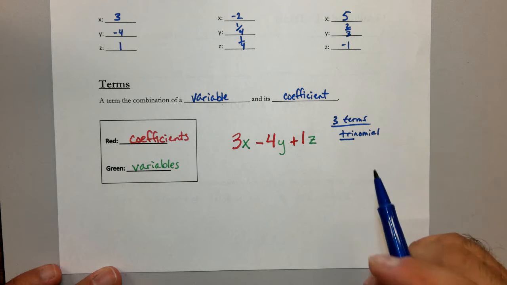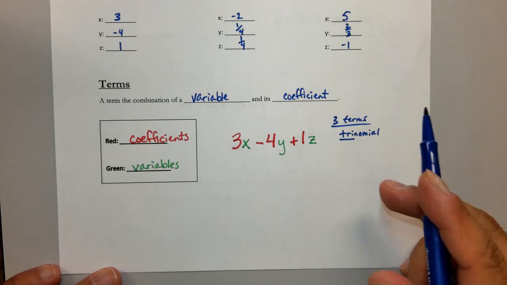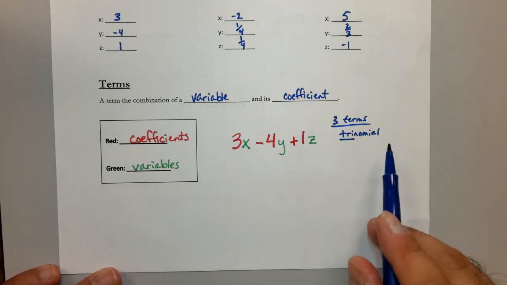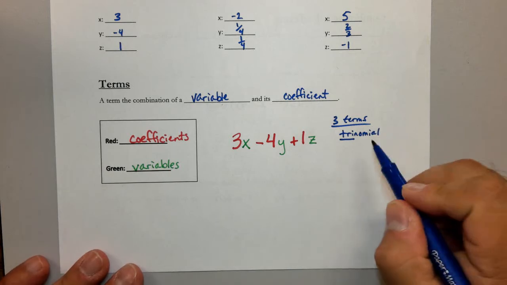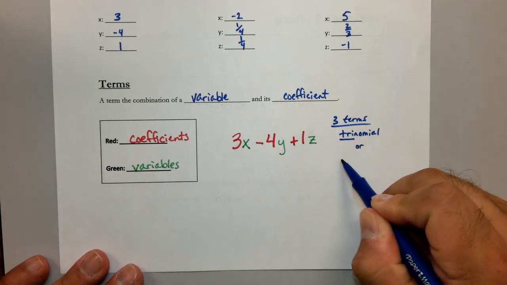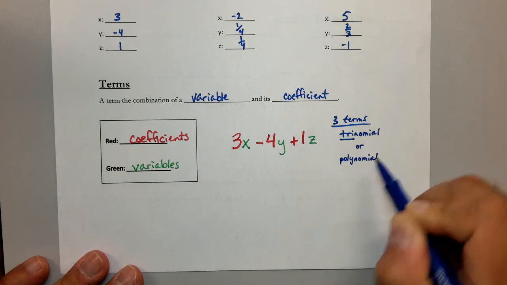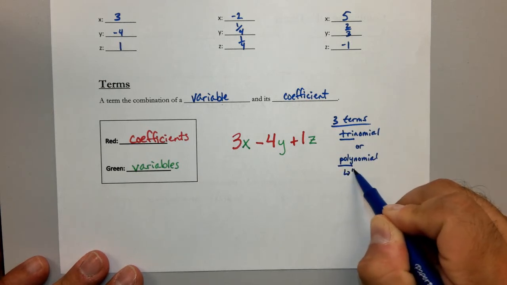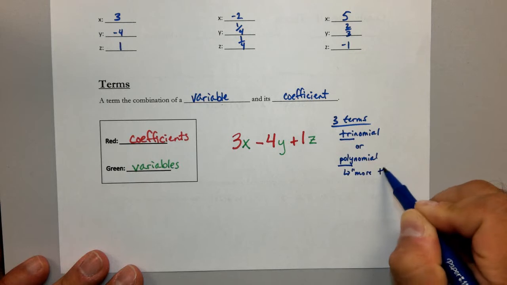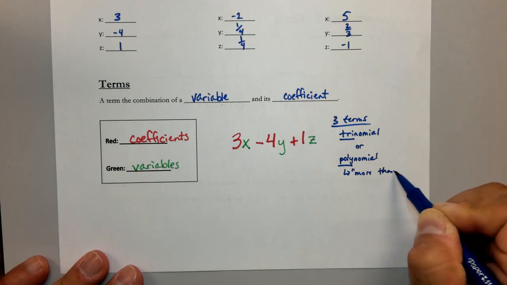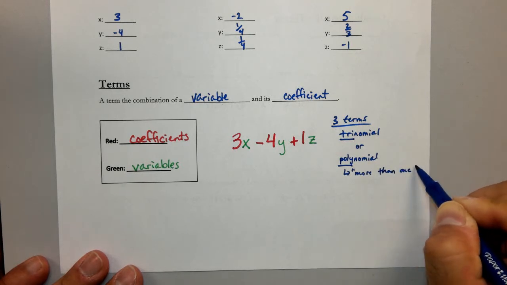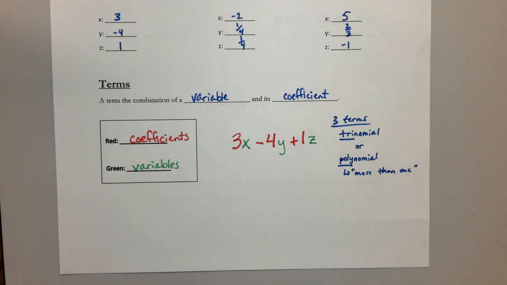Some people call it a polynomial, poly meaning more than 1. So there are 3 terms, so that would qualify as well. So this is a trinomial or a polynomial. Poly meaning more than 1 term. Tri means 3.